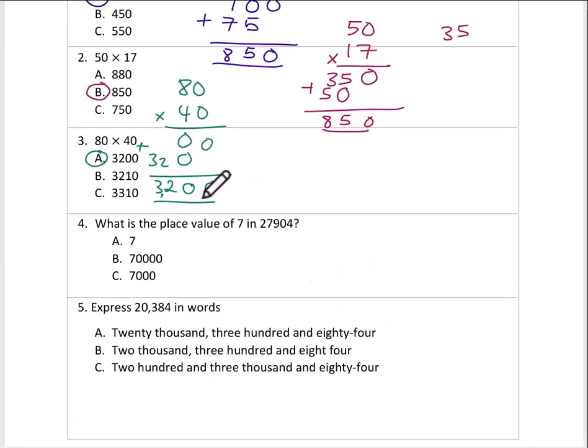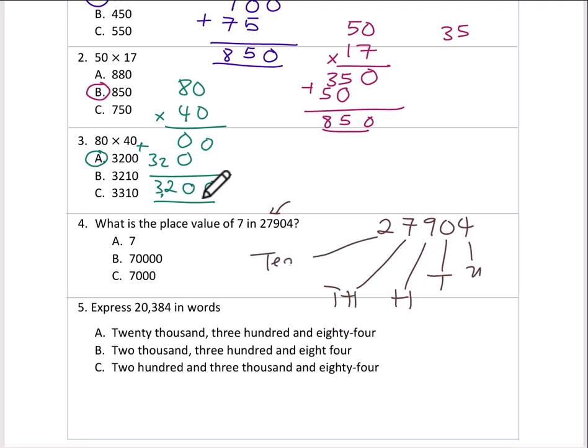For question number 4, what is the place value of 7 in 27,904? So our focus is on 7. So let's just write it down. 27904. So let's identify their place values first. This is units, this is tens, this is hundreds, this is thousand, and then this is 10,000.